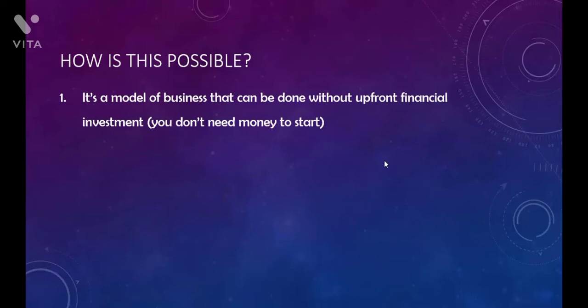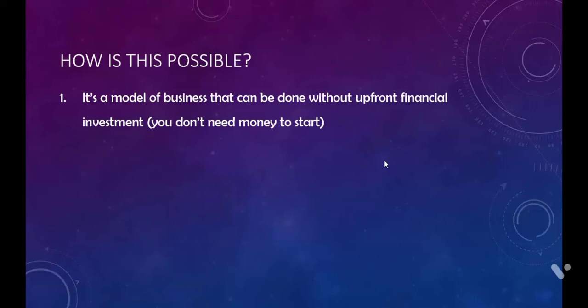That's because 30 years ago you needed a lot of money to start a business, and nowadays you actually don't. You can start from scratch with absolutely nothing in a dorm room, exactly like Facebook started, okay? So this is possible because you don't need any upfront financial investment. So it's actually a business model that is accessible for absolutely anyone from anywhere in the world.